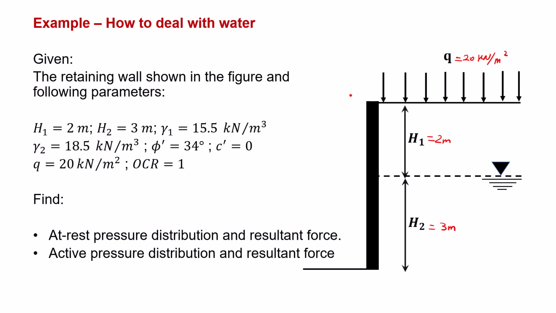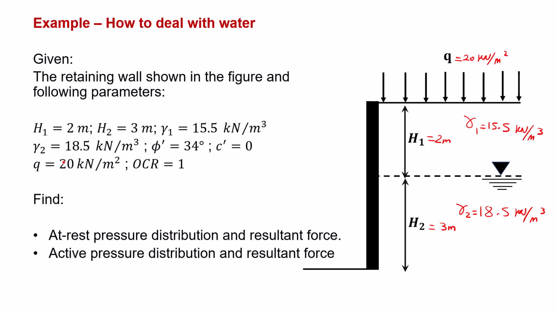and we have the parameters for the soil. Gamma 1 is 15.5 kilonewton over meter cube, and gamma 2, which is gamma for the saturated part of the soil, is 18.5 kilonewton divided by meter cube.